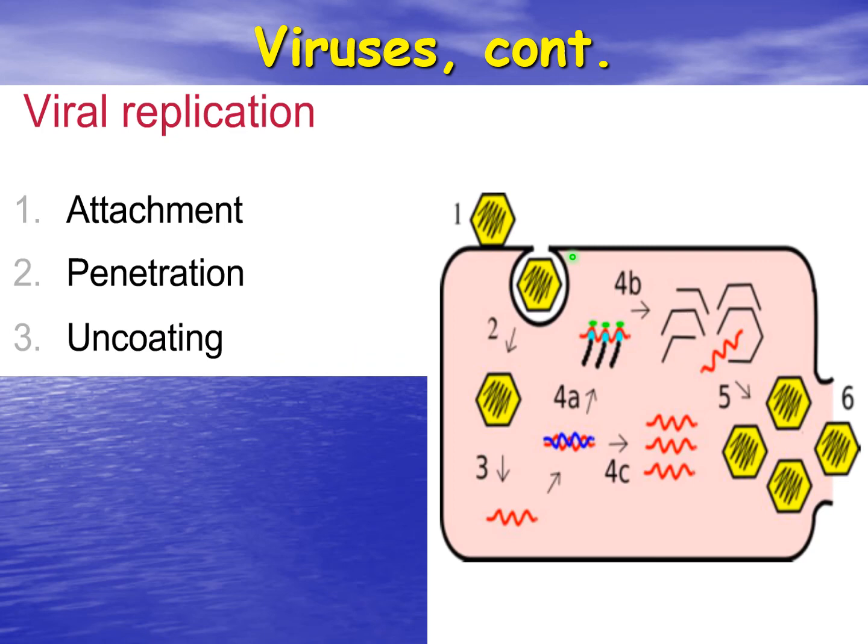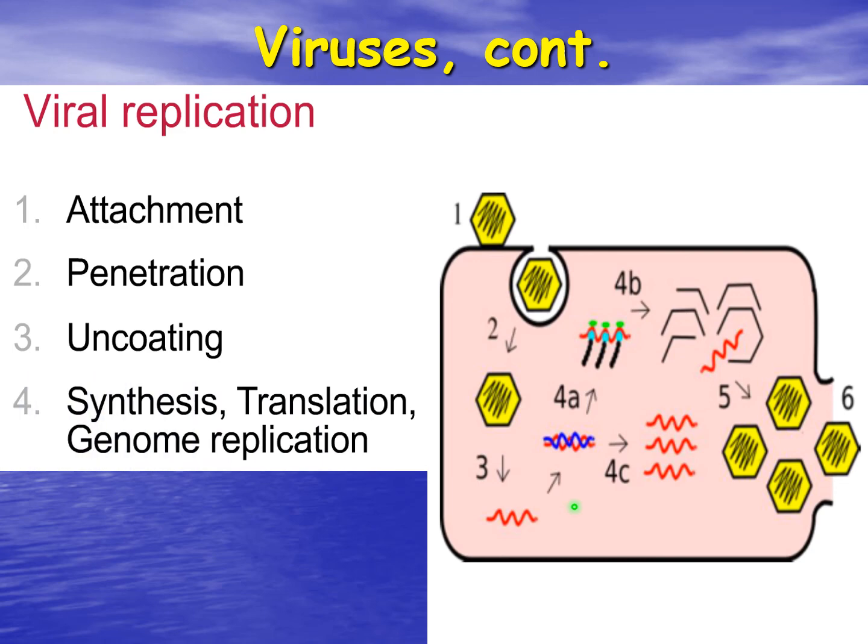We then have to uncoat. We basically have to break the capsid shell open in order to release the viral genetic code. Due to the various forms of nucleic acids that these viruses carry, they will replicate the DNA or RNA to a form that then can be utilized by the cell's protein synthesis mechanisms for the transcription and translation of the viral genome into viral proteins.